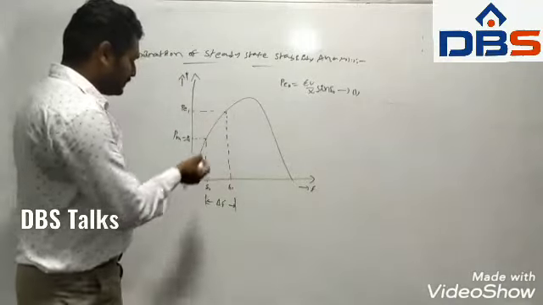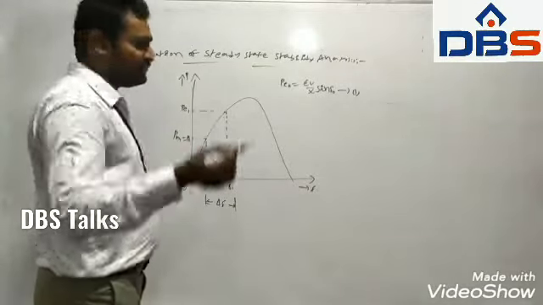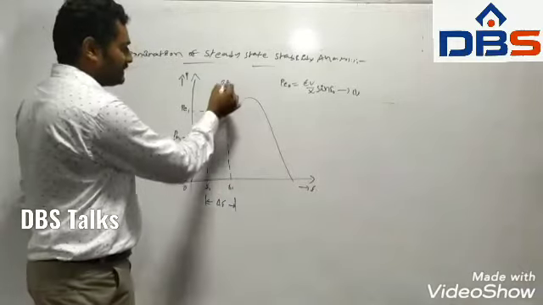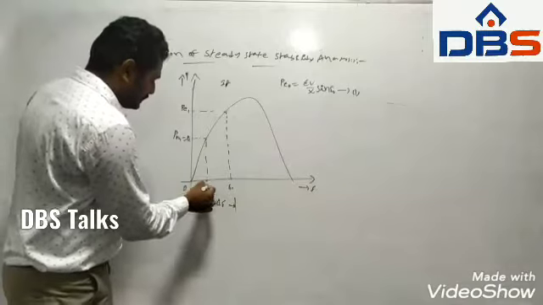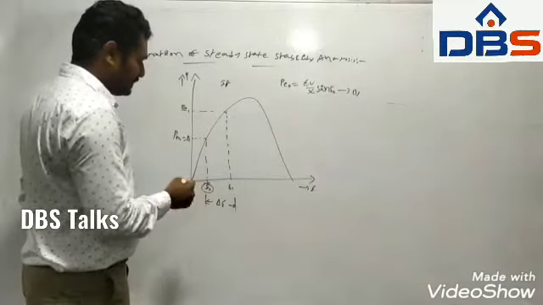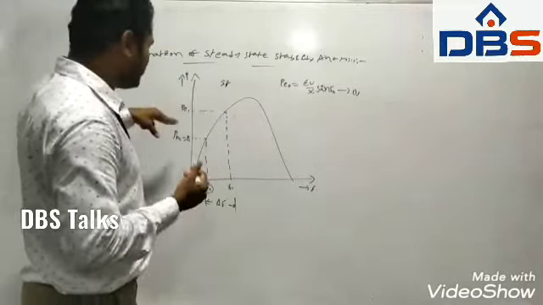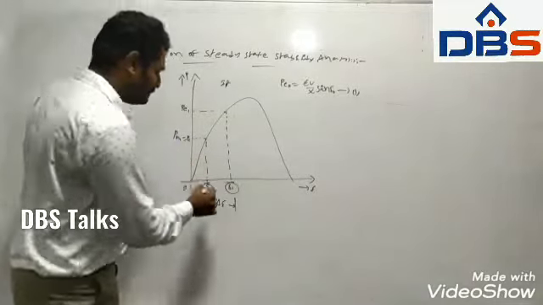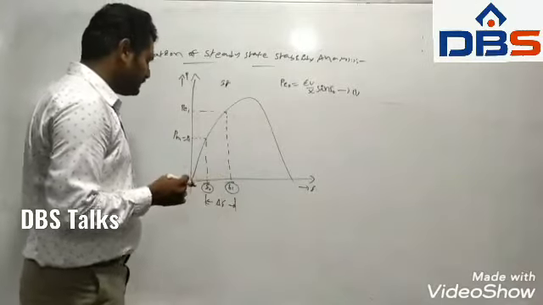Look into this one. If there is some increment in the load of an alternator, the alternator works at the angle delta naught. If we increase the load of the alternator, the angle increases to delta 1, which we represent with delta naught and delta 1.